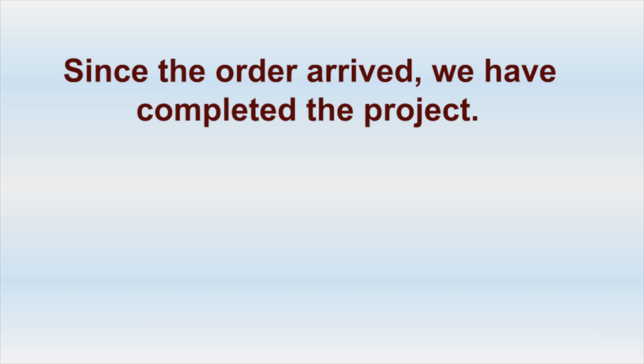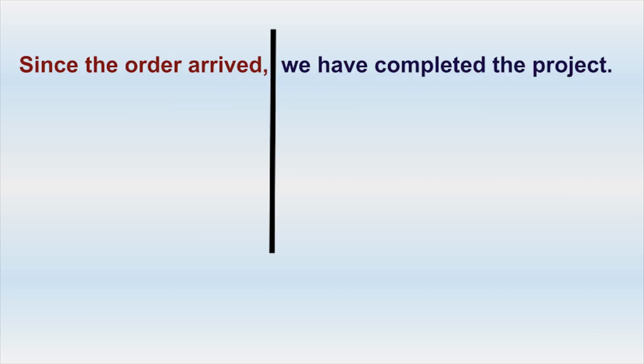In the sentence, since the order arrived, we have completed the project, there are two distinct parts, and each part contains a subject, which is the noun, and a predicate, which contains the verb. Since the order arrived contains the subject order and the verb arrived.